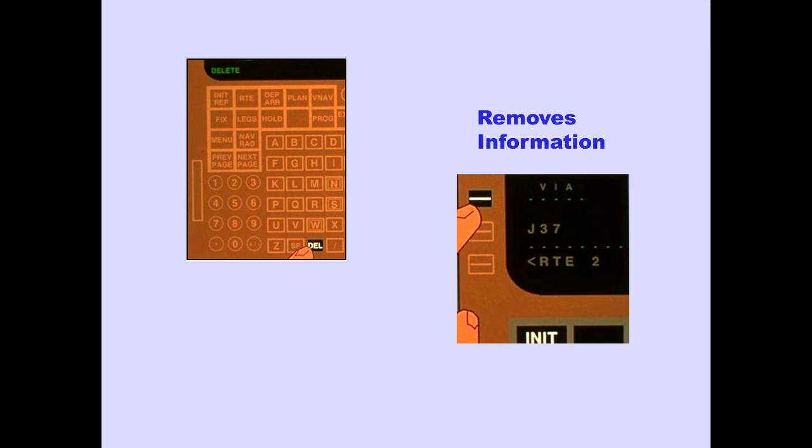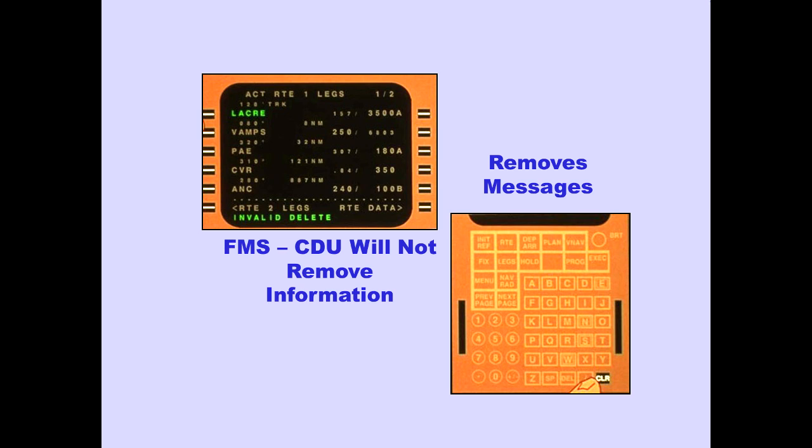Pushing a line select key with delete in the scratch pad removes the information in that line. The FMS CDU message invalid delete is displayed in the scratch pad when the FMS CDU will not remove the line selected information. Pushing the clear key removes the message.